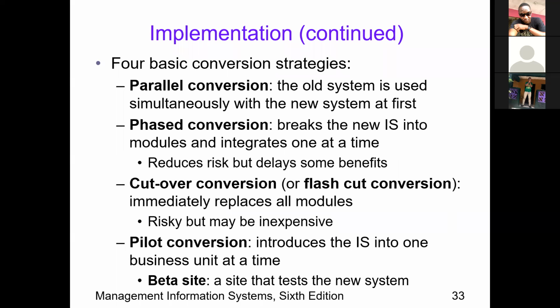So there are different types of conversion. Take note of them. We have parallel conversion, phase conversion, cut over conversion, and pilot conversion. I will use EcoBank to explain this. Let's assume EcoBank has multiple branches around Liberia.